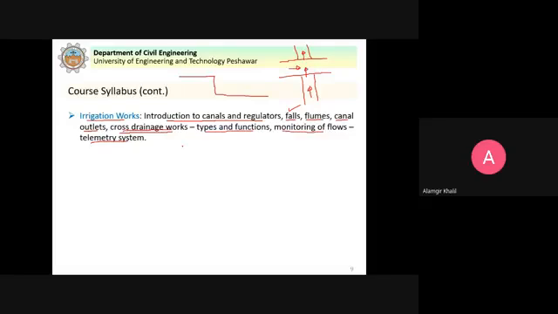For example, you studied how to divide the cross section of the stream into different verticals, and then you use the mid section method, mean section method. You calculate the area and the velocity you calculate with the current meter.